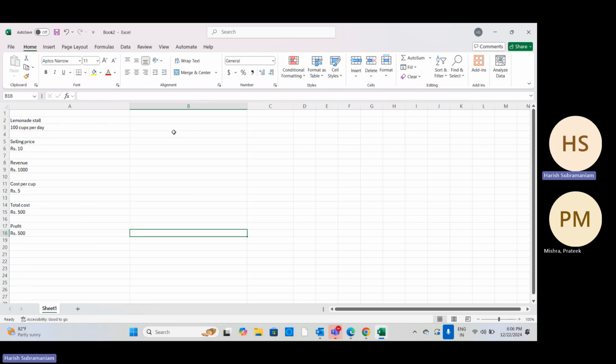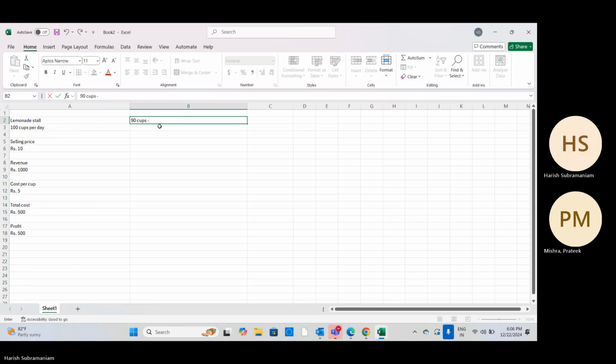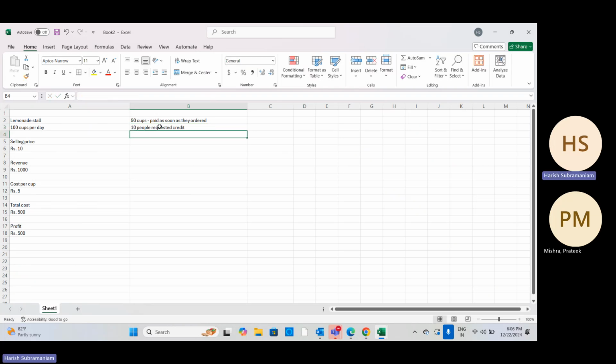But let's take the scenario where out of these 100 cups, 90 cups were paid for today, as soon as they were ordered. For 10 people, they have requested credit. They have said, we'll pay you in 1 week. The selling price remains the same.